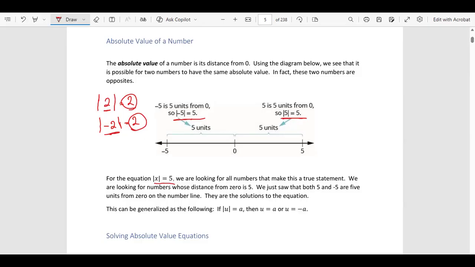And those numbers can be +5 or -5. Which means when you're solving an absolute value equation, you always have two sets of solutions, one with the positive, one with the negative, because you are finding the inside of the absolute value. The inside of the absolute value can be both positive and negative.